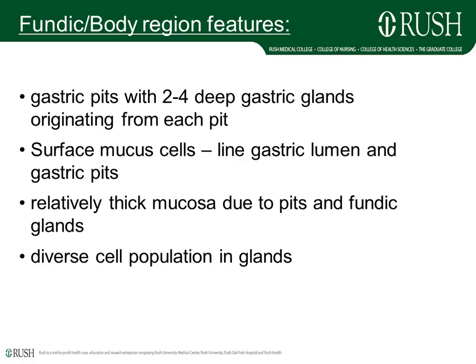The gastric pits become quite deep, and they have 2 to 4 deep gastric glands originating from each of the gastric pits. The surface mucus cells line the surface of the stomach as well as the gastric pits. And there's a very thick mucosal layer because the pits and the fundic glands are quite extensive. They also have a very diverse cell population, which we're going to look at.